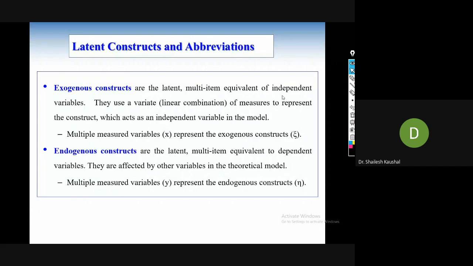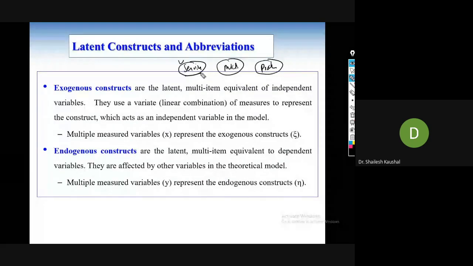Through exploratory factor analysis, we identify the constructs. In my previous example, we found three constructs: one construct was service, another was marketing, and the third was product value. Construct means a combination of three or four questions.